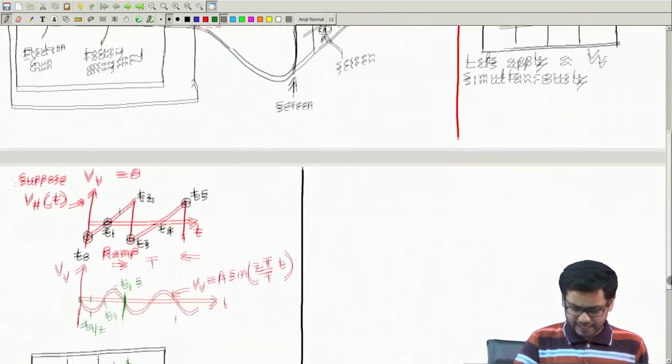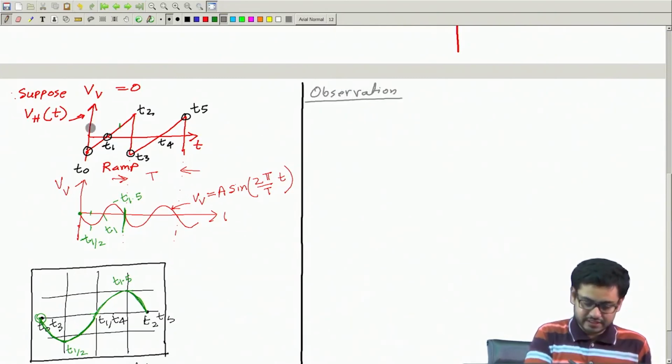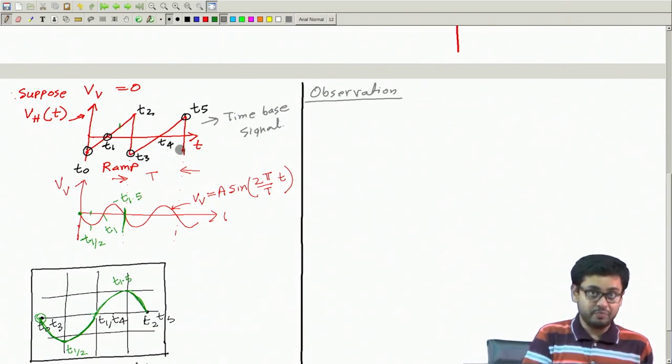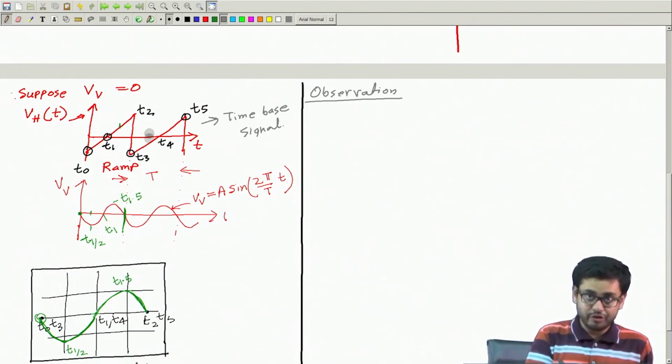So that's easy, but one important observation is that this ramp signal, which is also called the time base signal, is also important to have this pattern displayed, because essentially this moves the spot from left to right, back to left, again left to right, back to left, and so on. So this is very important.